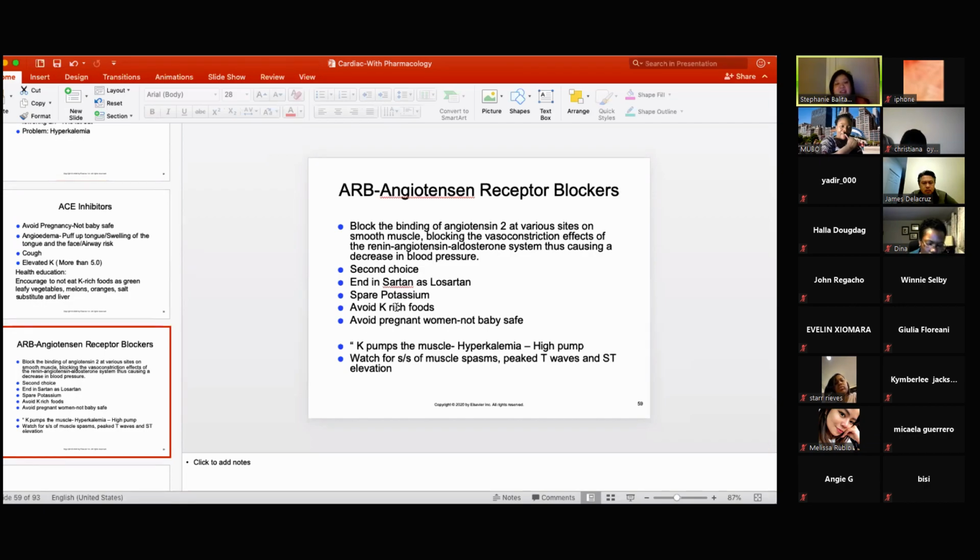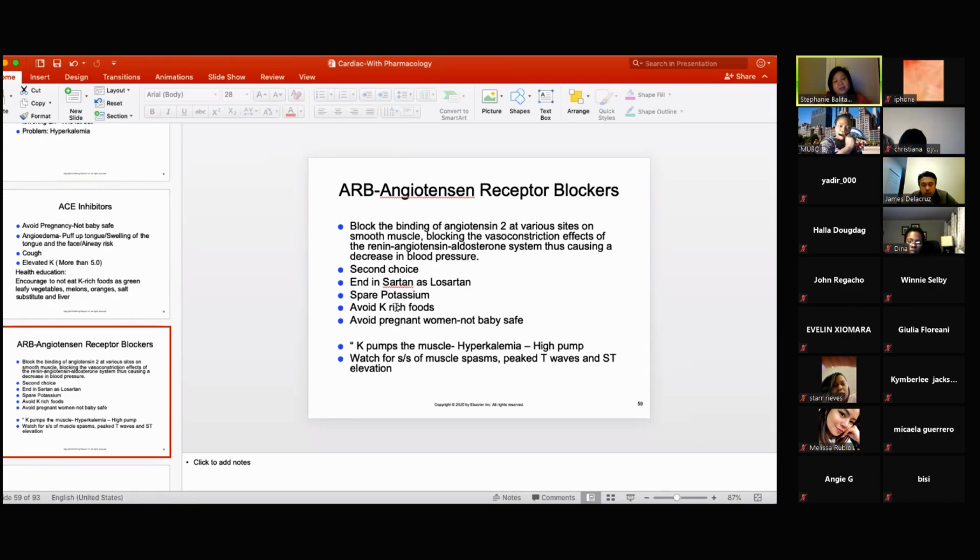These medications always end in sartan, like losartan. So ARBs end in sartans, like your losartan. So they're also antihypertensives. They prevent vasoconstriction, so the blood pressure lowers.